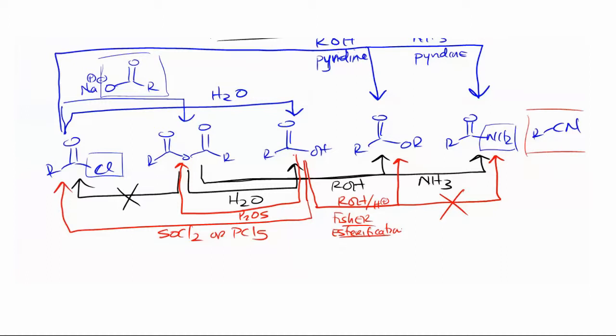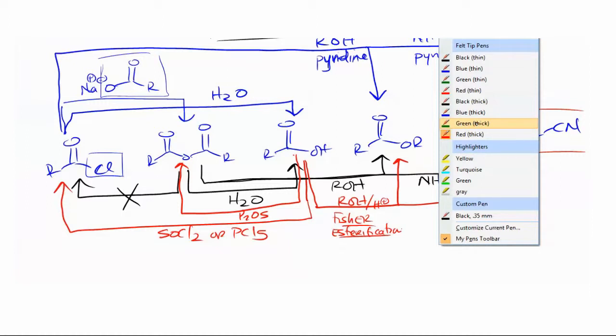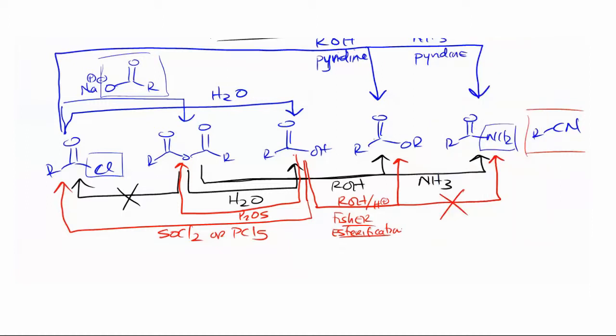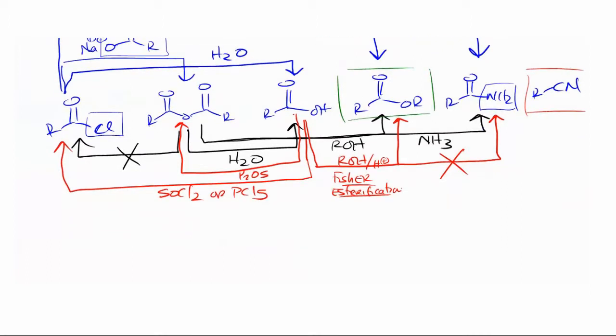Now, if we start from here, of course we can get... I know this is going to be a little bit hard to do, but we've got to make it work. What do you think we're going to do to get this to the carboxylic acid, or to the ester?